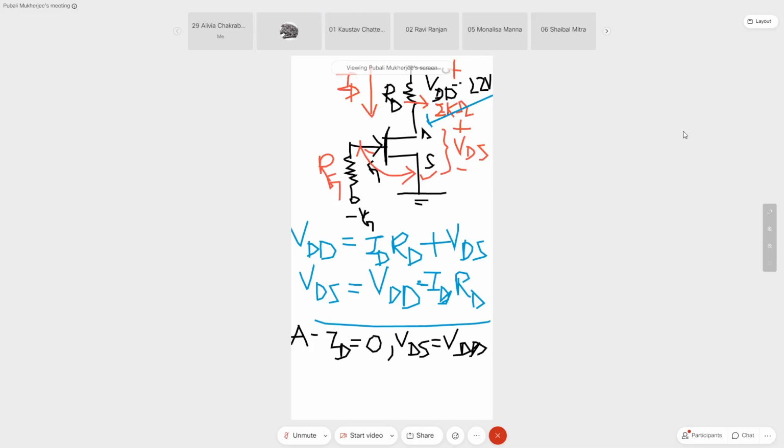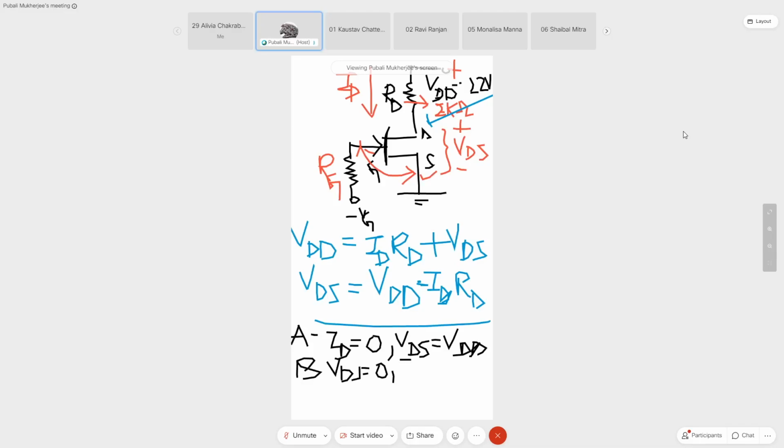And for point B, if I put VDS equal to 0, then what is ID?